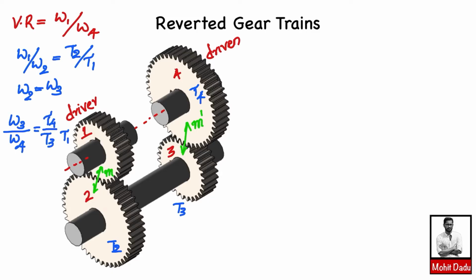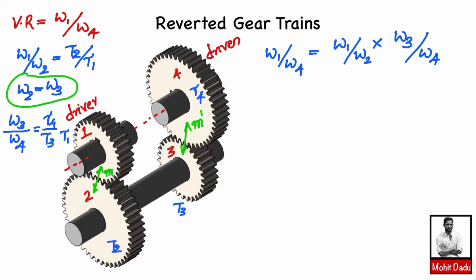To calculate the velocity ratio omega 1 by omega 4, it is the product of omega 1 by omega 2 and omega 3 by omega 4. Since omega 2 and omega 3 are the same, they cancel, and finally we get omega 1 by omega 4. Omega 1 by omega 2 is T2 by T1, and omega 3 by omega 4 is T4 divided by T3.